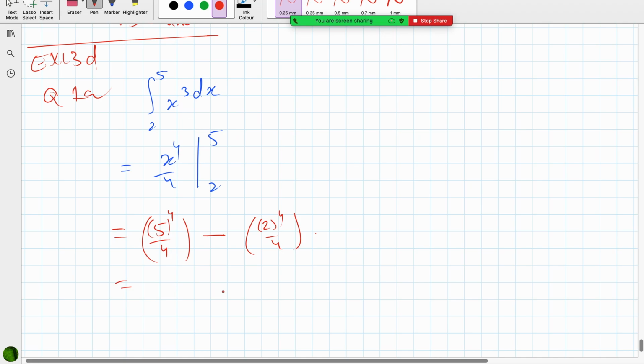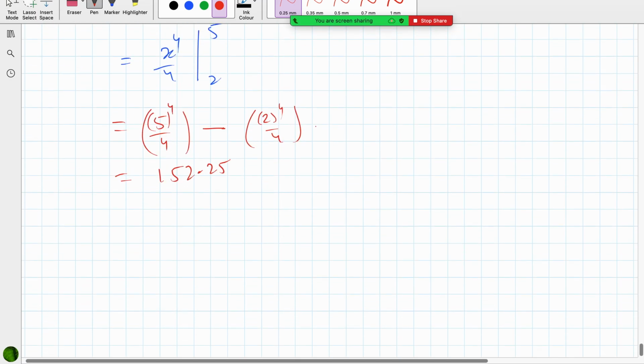Five raised to power 4 divided by 4 minus 2 raised to power 4 divided by 4 gives 152.25. Another question.